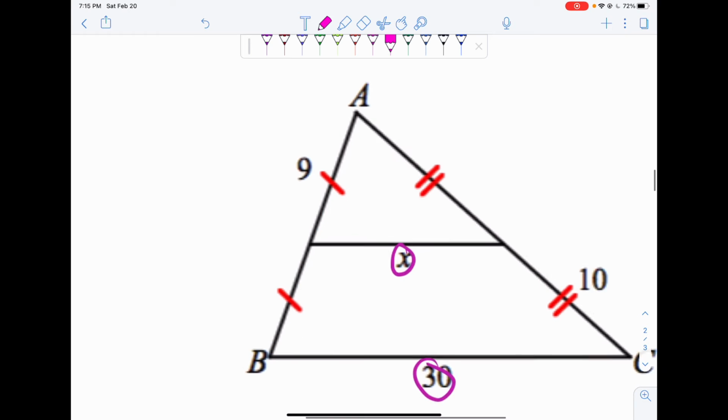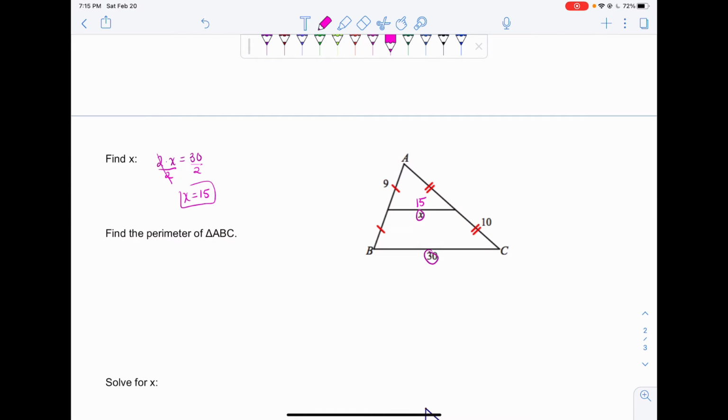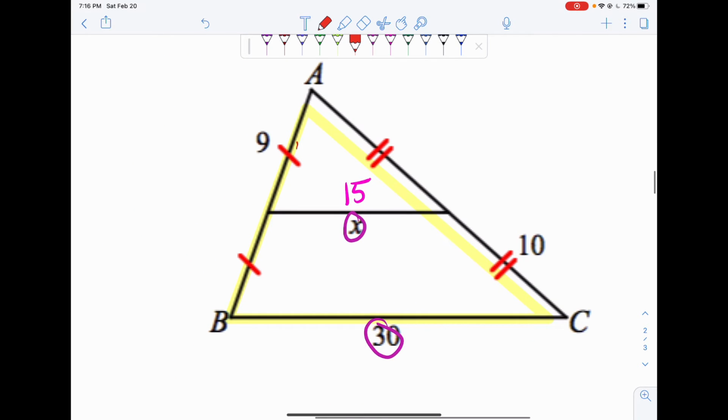Now that I know x is 15, I can put a 15 right in here. So I found x. Now it's saying find the perimeter of triangle ABC. When I want to find the perimeter, I want to add up all my side lengths. Here's the issue: I don't know all my side lengths. So I actually do. If you look, I have a 9 right here, so I have a 9 right here as well.